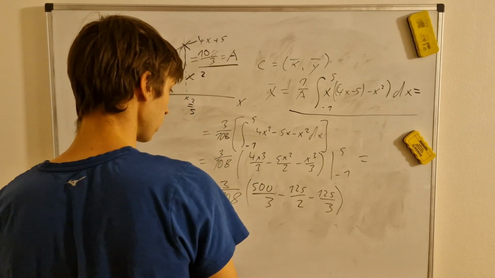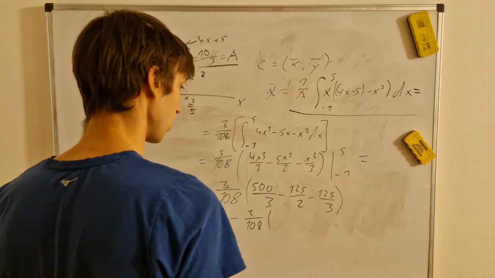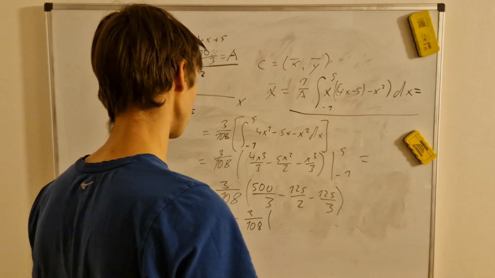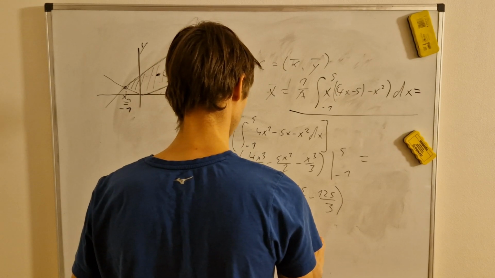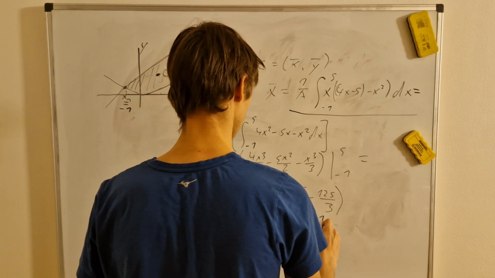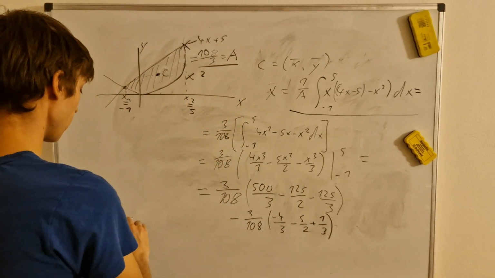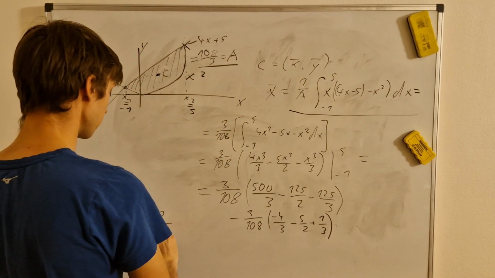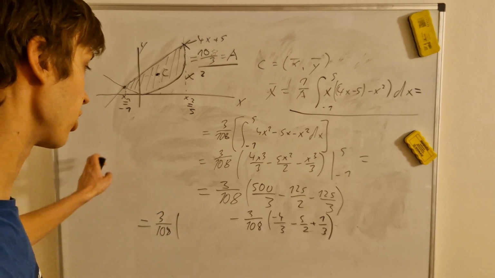And then we also have to subtract the lower bound evaluation. So there's that. And then all in all, the result will end up being something where we will have to play with a lot of fractions.